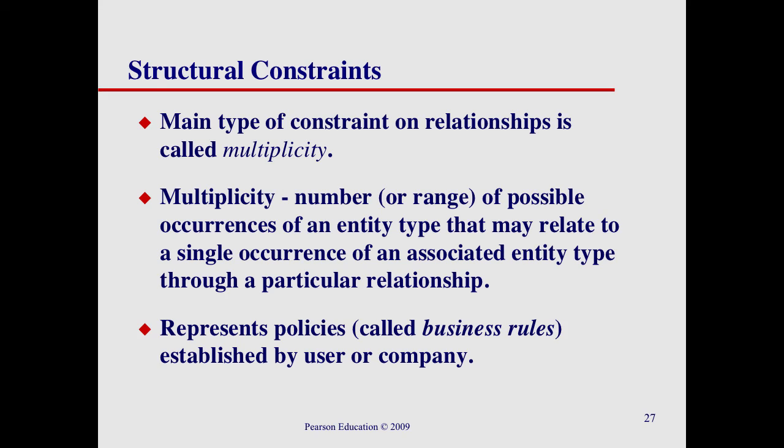Okay? Now, we come to constraints. Remember that a database consists of relations, attributes, constraints. So we must be able to specify constraints. And the main type of constraint on relationships is something that we call multiplicity, which is the number of times that an entity occurs in a relationship.